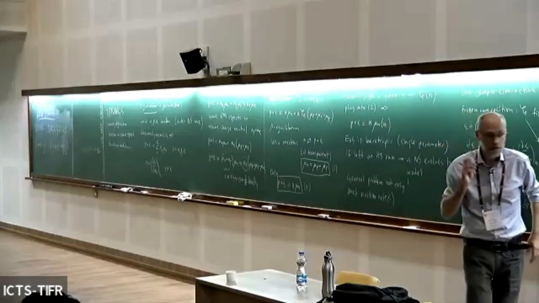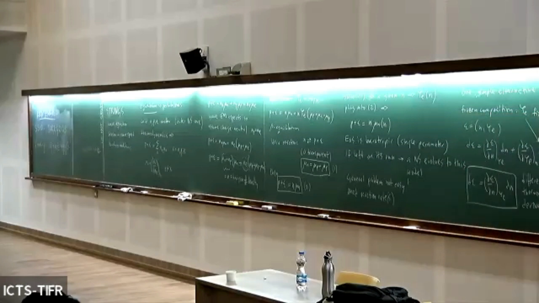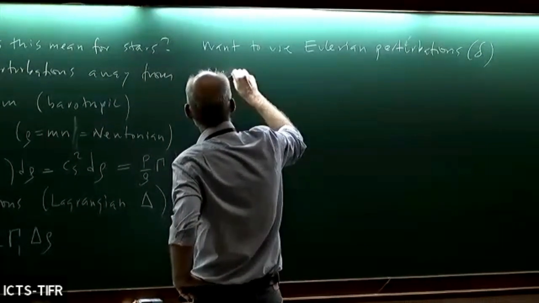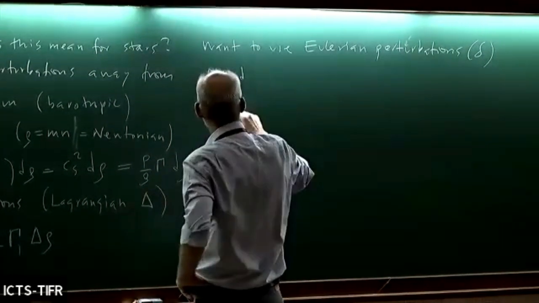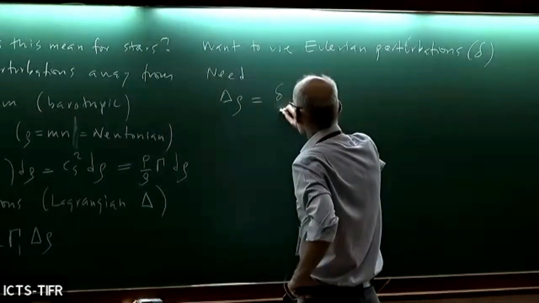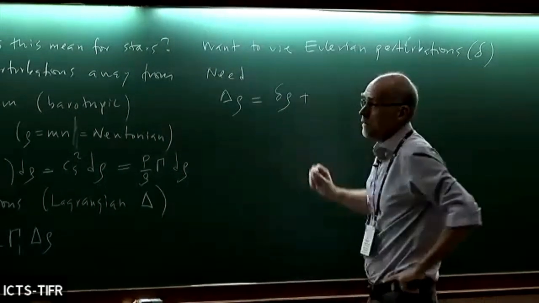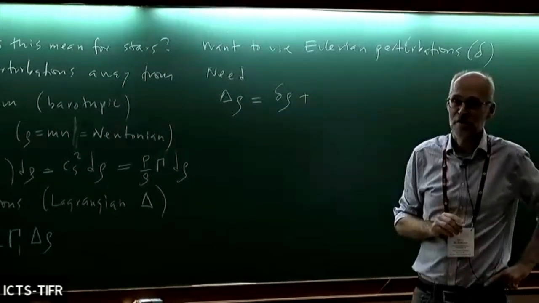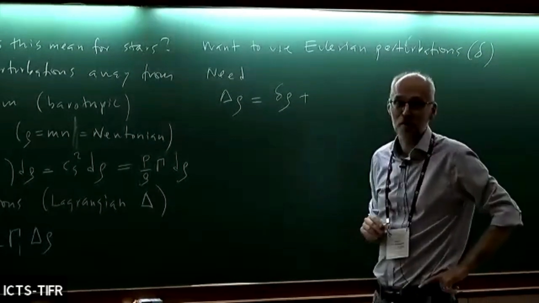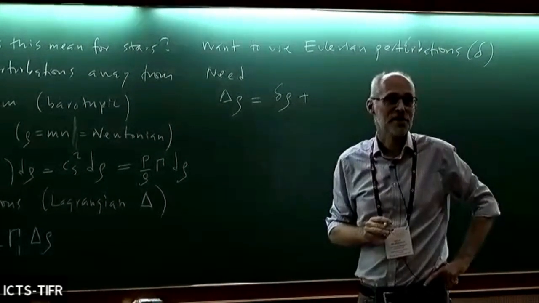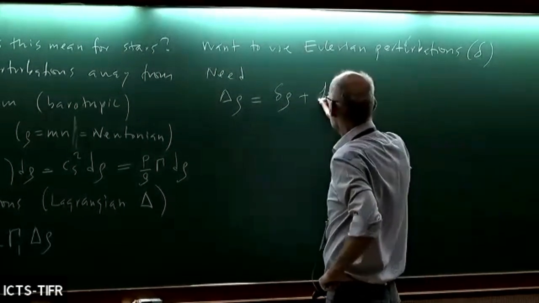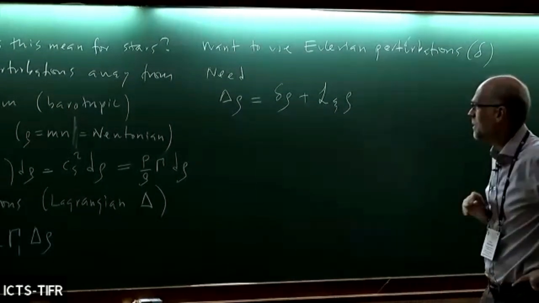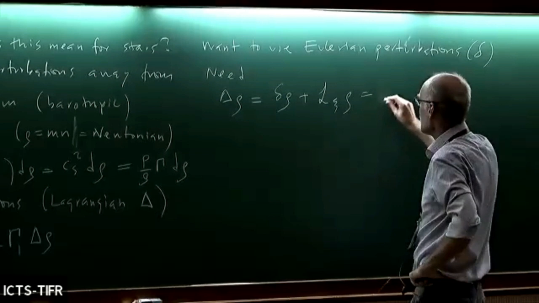All I need to know, we'll see this later, is that for a scalar, so we need something like delta rho and delta p, the Lagrangian perturbation is this Eulerian one plus, and this is as fancy as I'm going to get in terms of mathematics, I'm really sorry, but I'm inspired by the lecture from yesterday morning, the Lie derivative along some vector psi of rho. But this is just a scalar, so this is just me trying to be fancy.